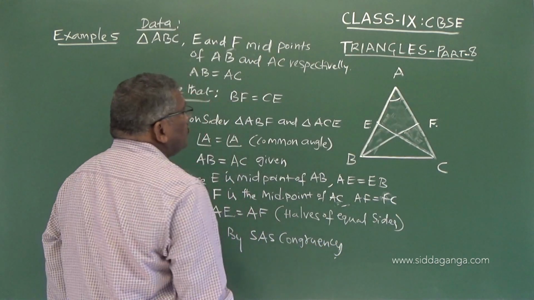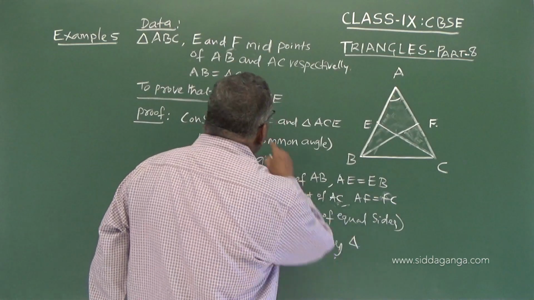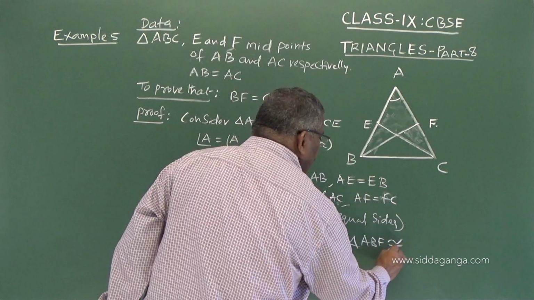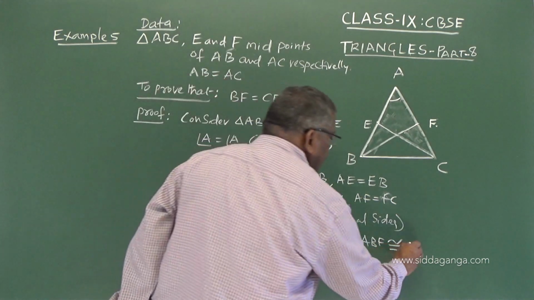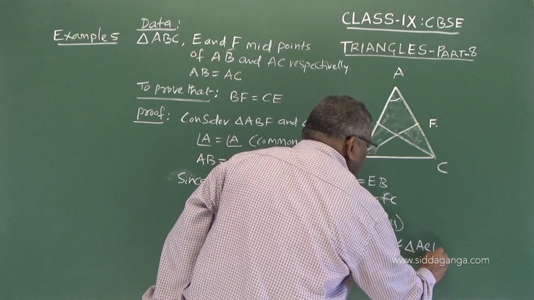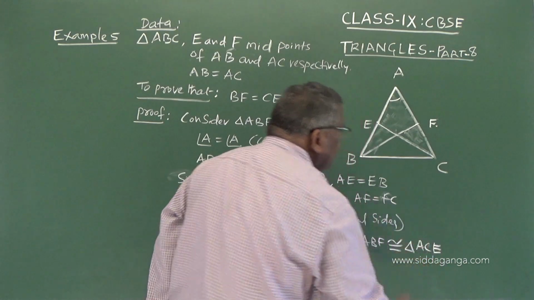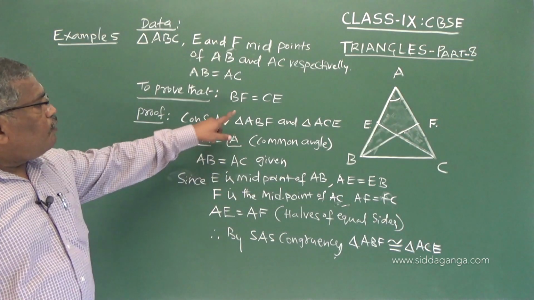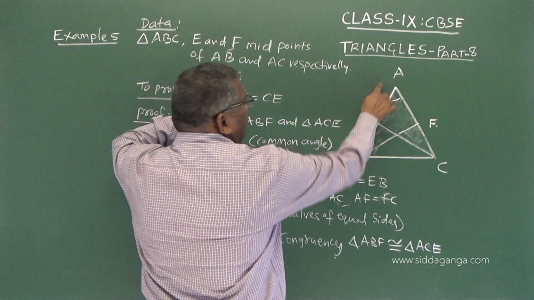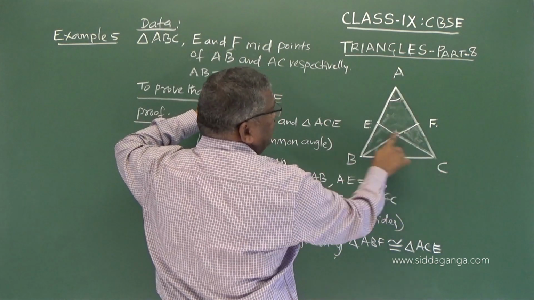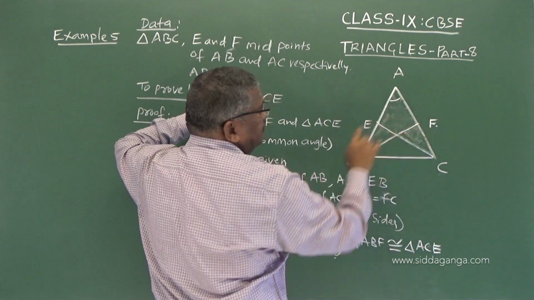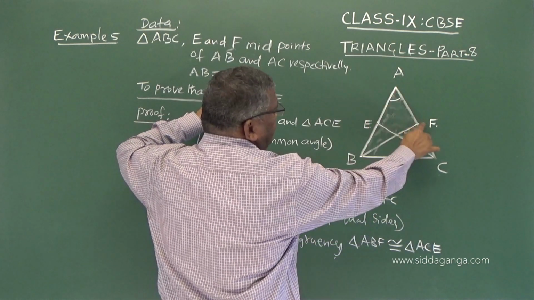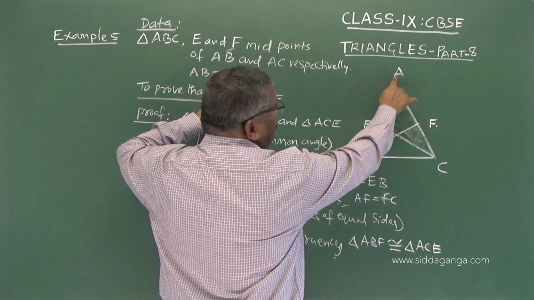So, what we can say, triangle ABF is congruent to triangle ACE. So, when they are congruent, the corresponding parts, we have AB is equal to AC, one side of this triangle is equal to one side of this triangle, and AF is equal to AE.